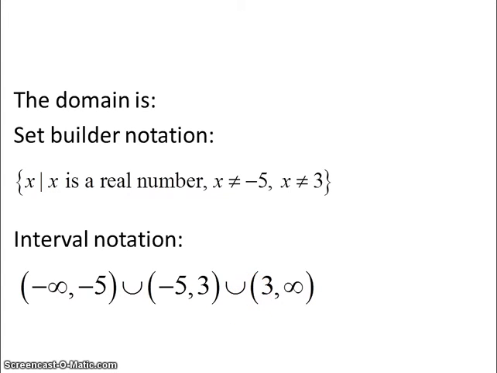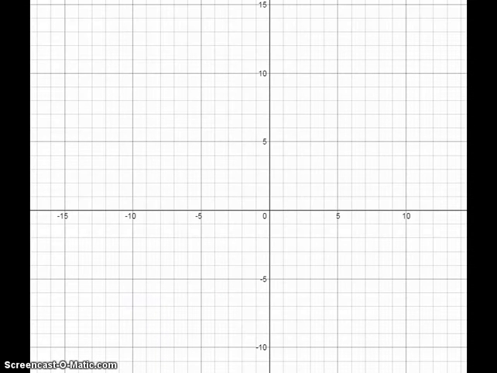We're going to look at our graph to see if we can figure out if -5 and 3 don't have an x value in our graph, which is what we're hoping for. So here's our graph.